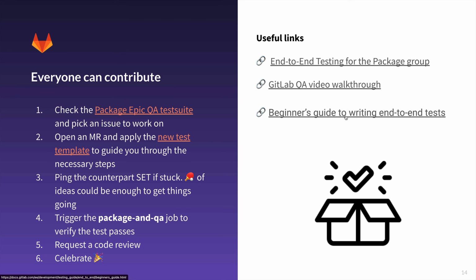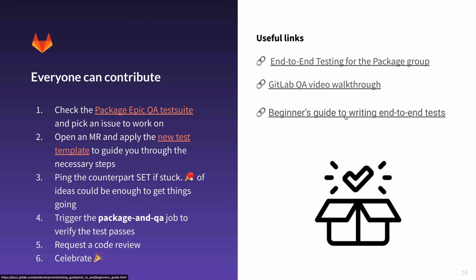I mean, we don't really like to add end-to-end tests when we could be doing more robust testing at the unit and at the feature or system level. This is because, of course, end-to-end tests take time to run. So I would suggest you start out either with the feature you're developing or with the package Epic QA test suite.